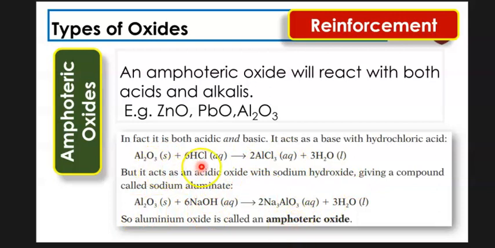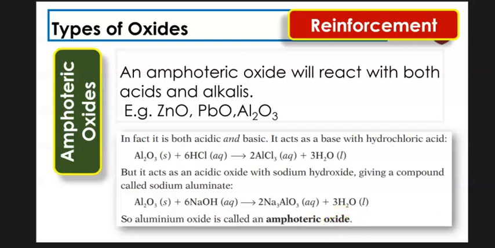Aluminium oxide plus acid forms aluminium chloride plus water, while aluminium oxide reacting with sodium hydroxide forms a different compound known as sodium aluminate and water. So you will need to be able to write equations to show that a particular amphoteric oxide can react with either an acid or a base.